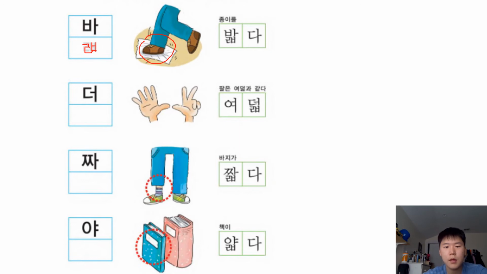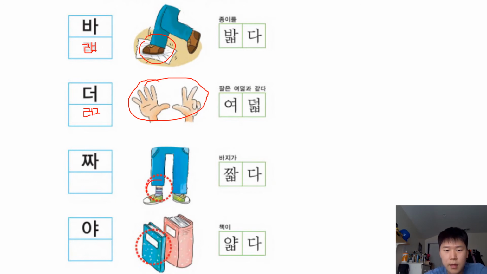Okay. Then 여덟, right? This means 8. This person is holding 8 fingers up. So let's write, okay, and then 짧다, which means it's short.